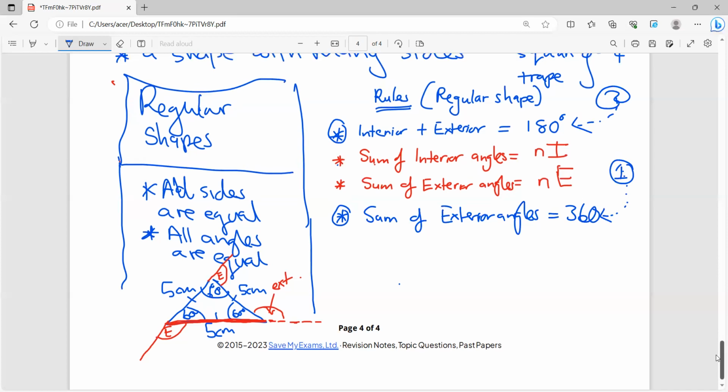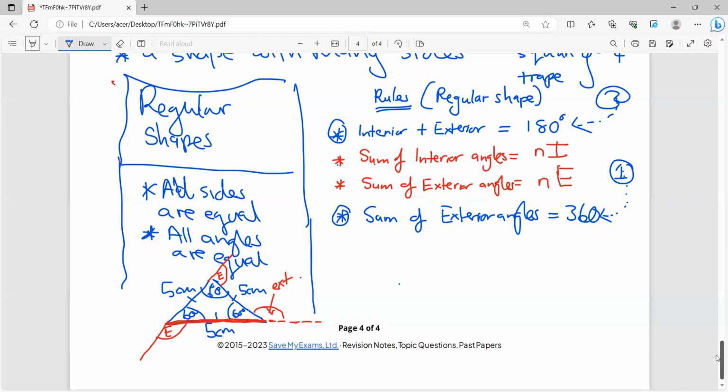So the red notes can only be applied to regular shapes. The first and the last note, the blue notes, can be applied to any case, isn't it? To any polygon. Are we together? Yes, sir.